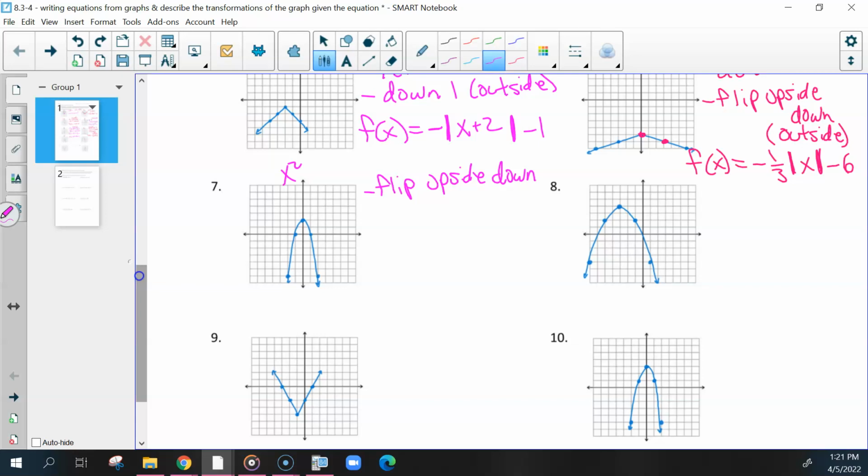Did it move down? Yeah. It didn't move though. It moved up. Correct. It did something else. Look at your parent function or think about your parent function compared to this.